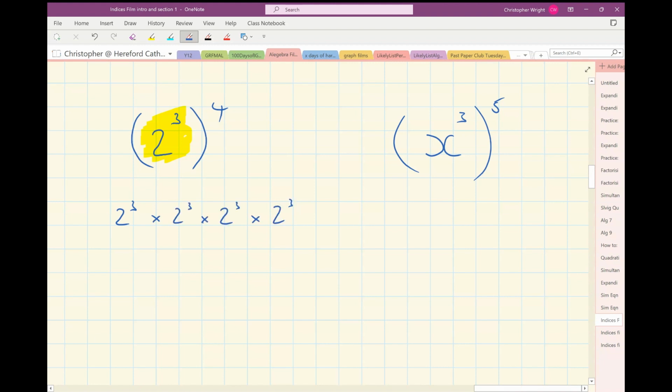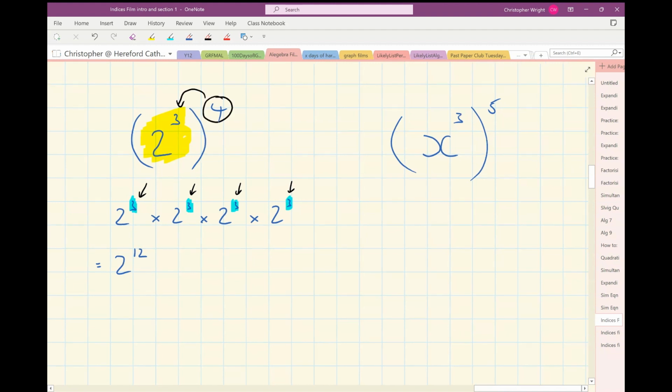Well, I know when I multiply, I add the indices. So it's going to be 2 to the power of 3 plus 3 plus 3 plus 3, 2 to the power of 12. Or to put it another way, it's 2 to the power of 4 threes. 1, 2, 3, 4 threes.